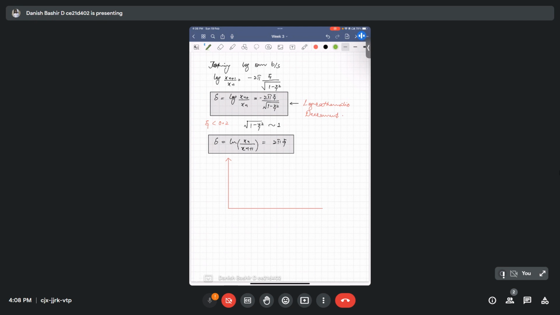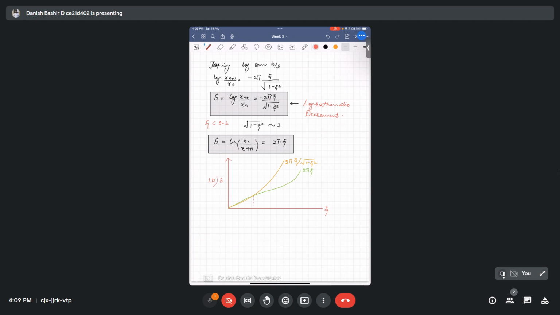This is the graph of delta equal to 2 pi theta, and this is the graph of 2 pi theta upon root of 1 minus theta square, with respect to theta and logarithmic decrement delta.